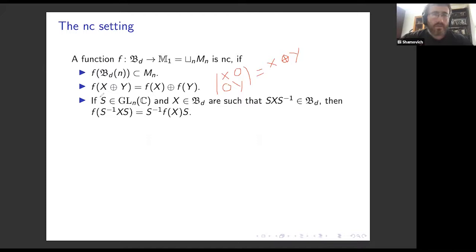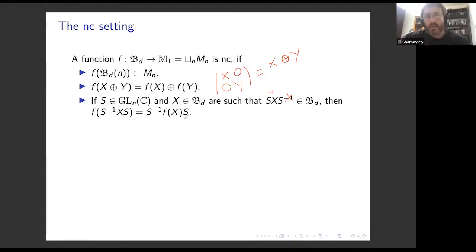Namely, if something is in the ball and there is an element of GL_n such that coordinate-wise similarity will keep it in the ball, then f just behaves like an equivariant function.